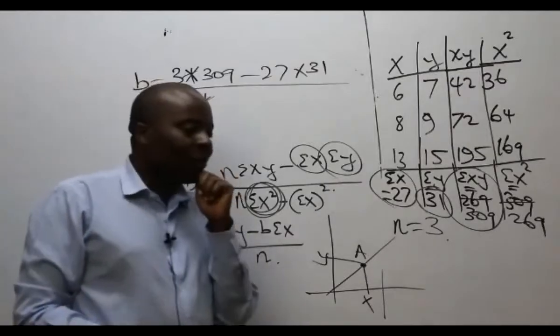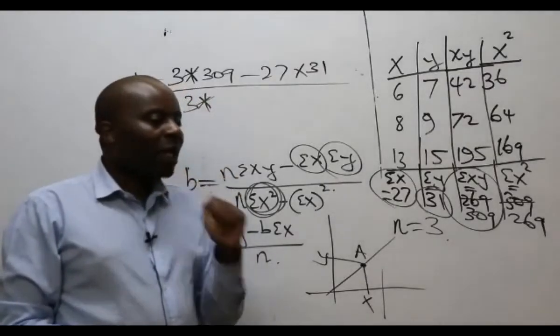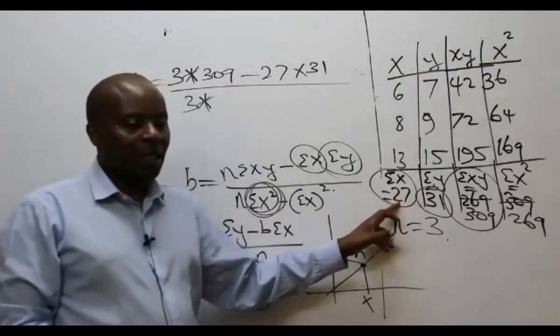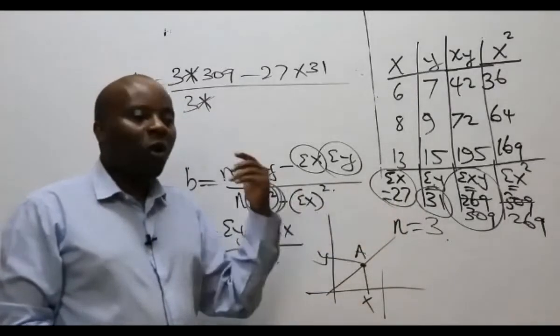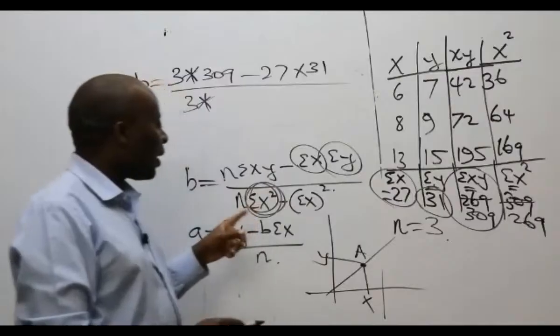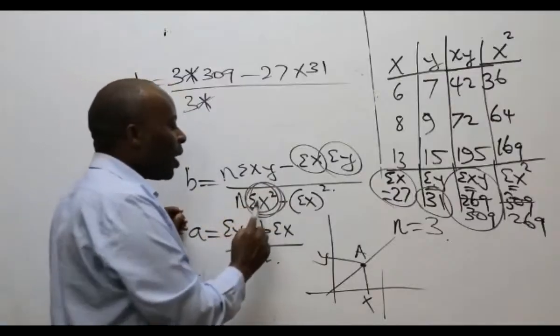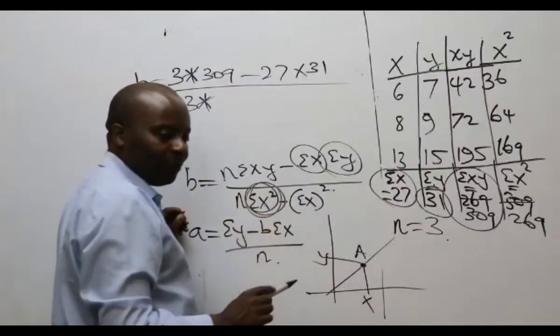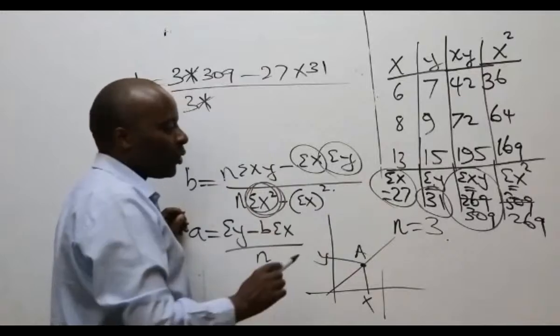Another student told me, teacher, summation x squared is equal to 27 squared. That is wrong. This summation x squared, if you look at it very well, they want you to square x alone.